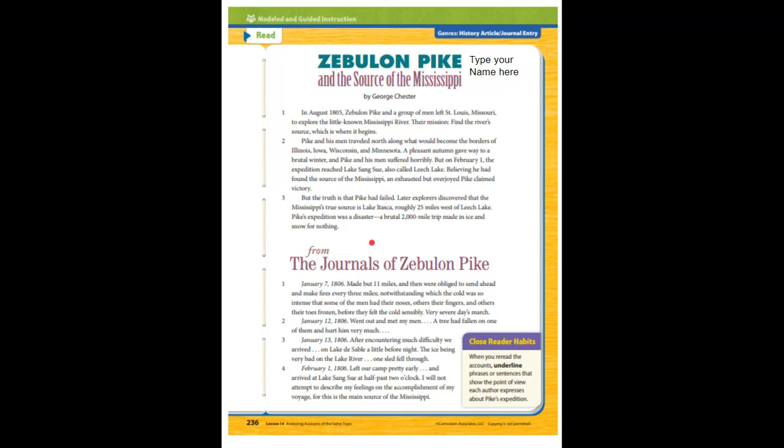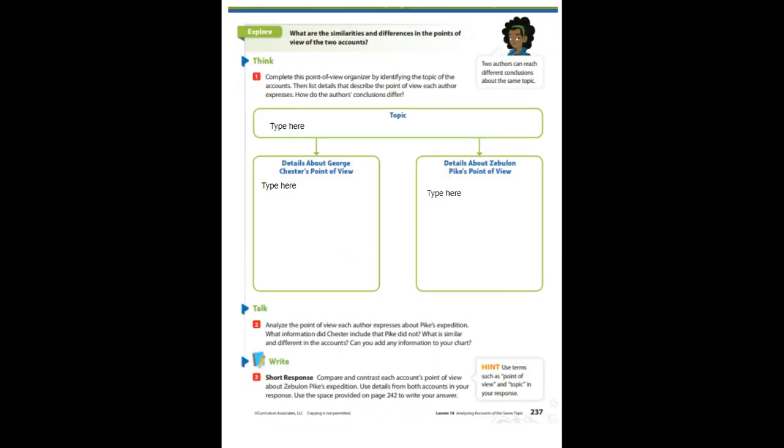And then down here, we have the journal entries of Zebulon Pike. So this is written by Zebulon Pike himself. So please make note of that before you move on, that we have very different points of view happening here. So what I want us to do now is look over here. Again, I will not be giving you answers, as much as it's hard for me not to just completely walk you through every assignment.